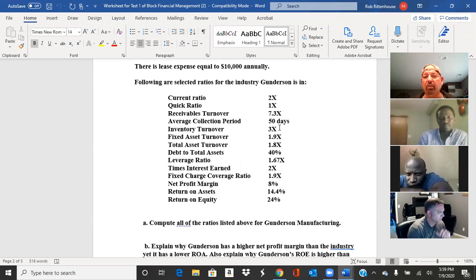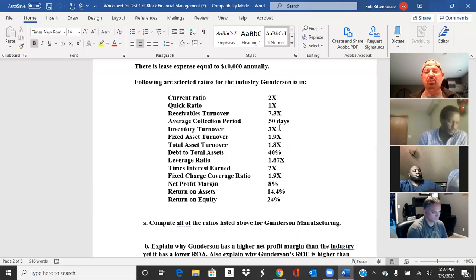Why? Because if our inventory turnover ratio is too low, what did we say that means? Not that we don't have enough sales. I mean, certainly we'd always like to have more sales, but if we don't look at the numerator and instead look at the denominator, if the inventory turnover is too low, what does it tell us?